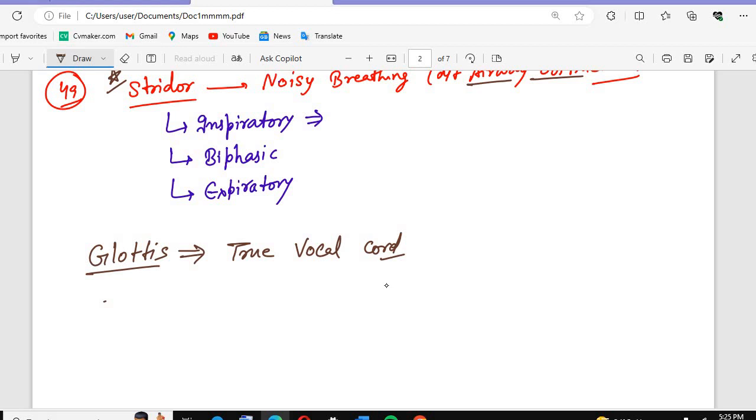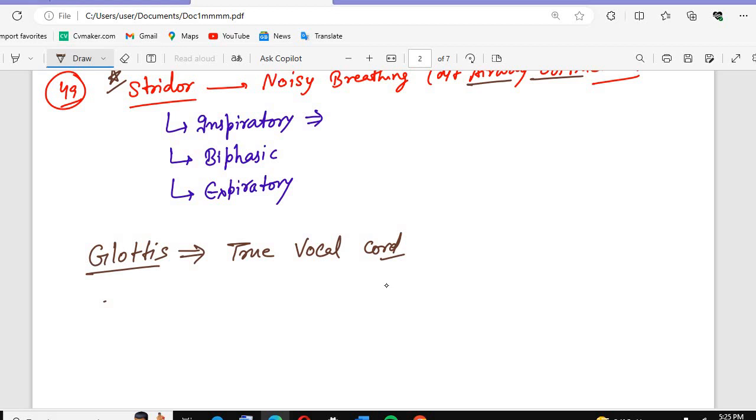You are speaking from your glottis, from your true vocal cords. When there is abduction and adduction of the vocal cords, there are two things, due to which you are speaking.